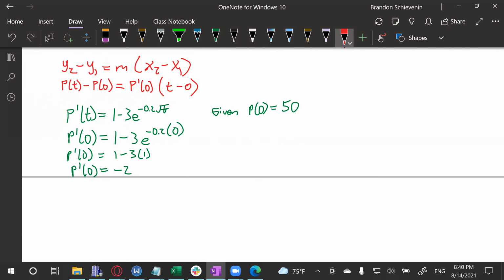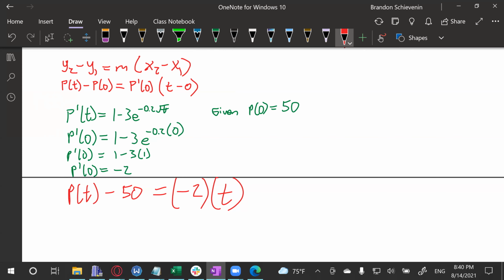I've got our P at t, which is what we're trying to solve for, minus 50 is equal to our P prime at 0, which we said was -2, times t minus 0, which is t. Okay, and that gives us a general equation for making an estimate of the pollution in the lake using a tangent line with our starting slope and point. Any questions on what we've done so far?